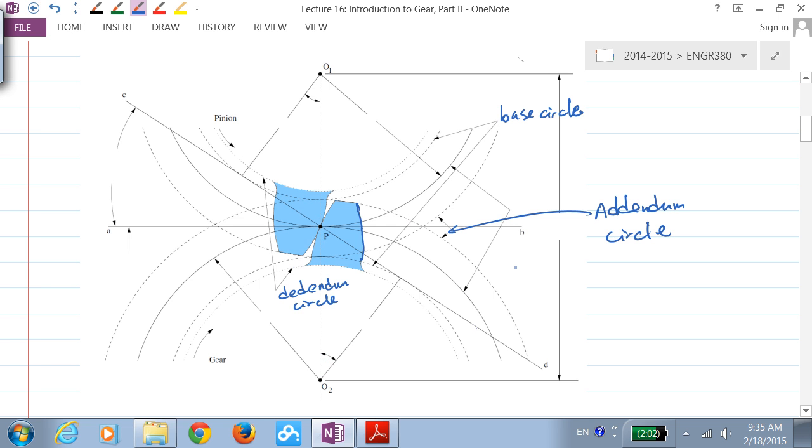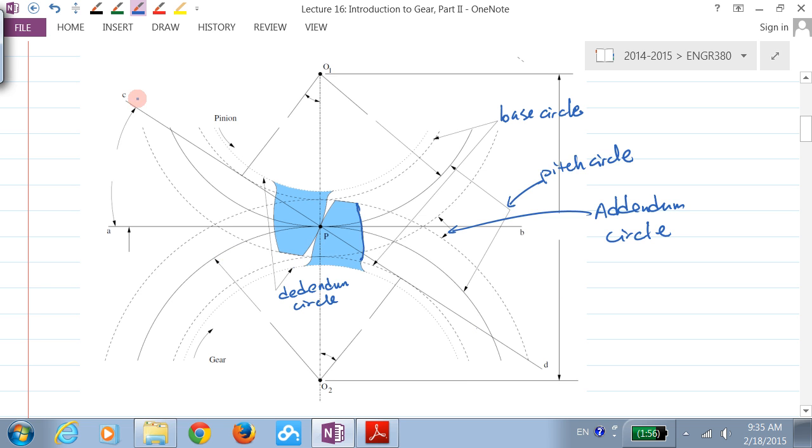Remember, what are these two called? The pitch circles, right? The two solid ones. Okay, these are the pitch circles.